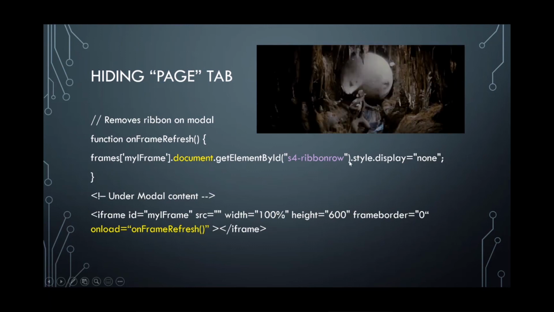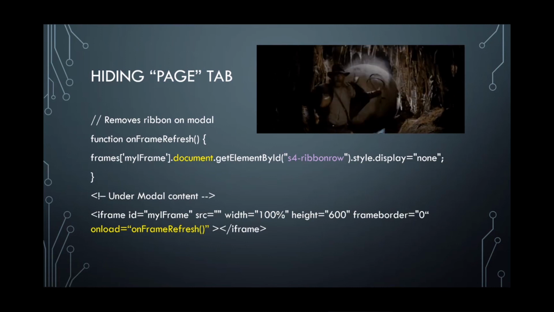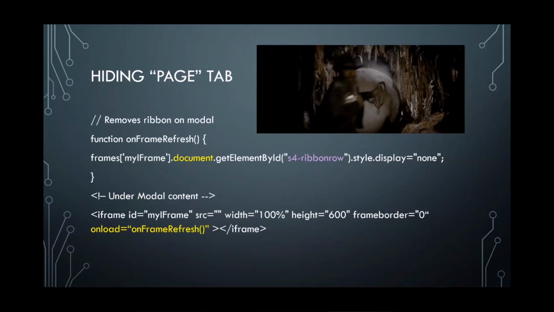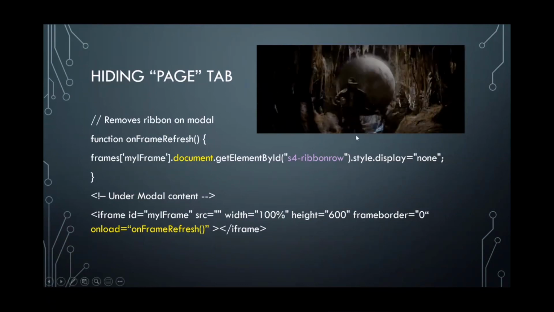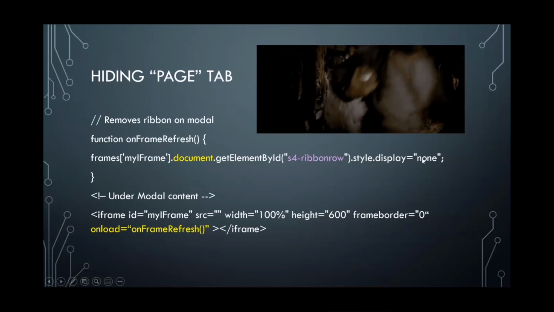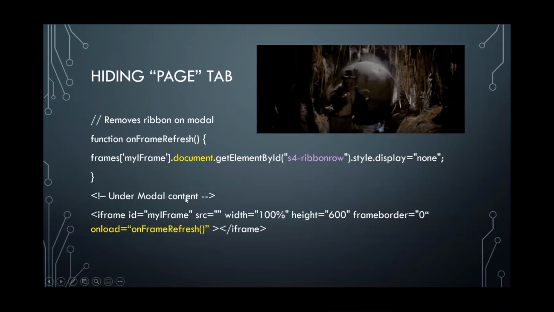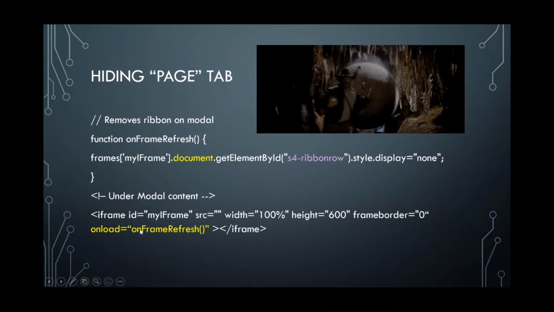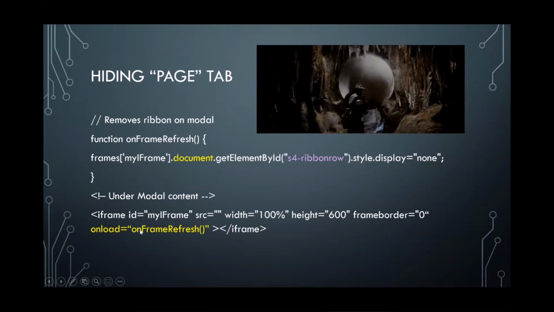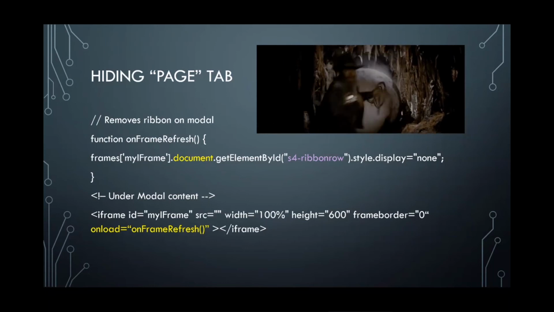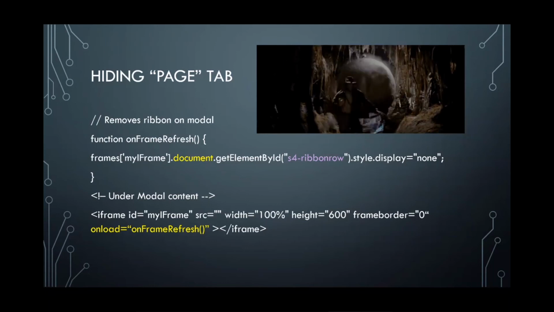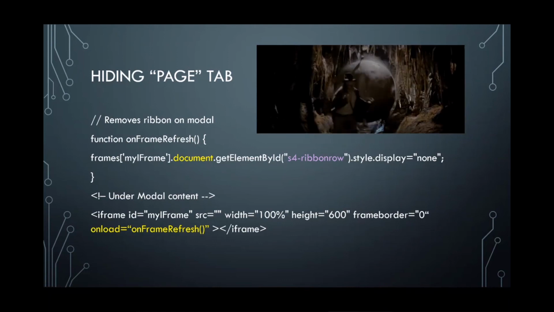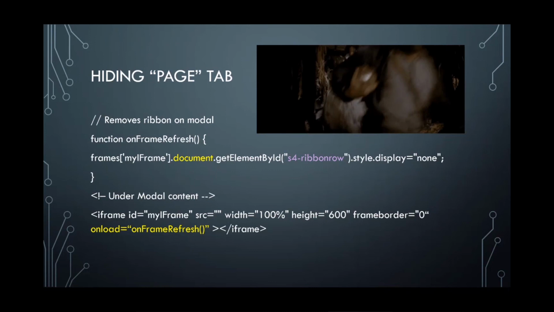If I go to that page and do inspect element, that page tab was identified under s4-ribbonrow, so that's why I indicate that, and then I want the display to be none. Under the modal content HTML code, I added another element, onload, so that it calls this function. Basically, when I click on the hotspot and it's loading the page, it will make the display of that page tab none.